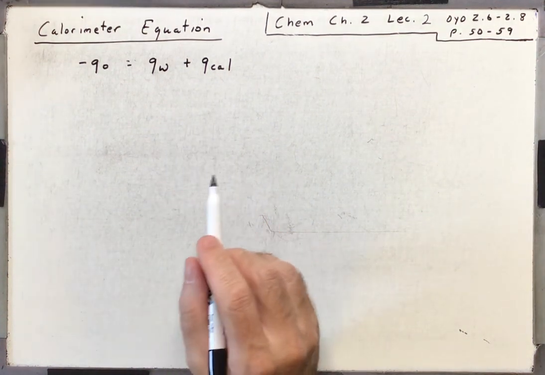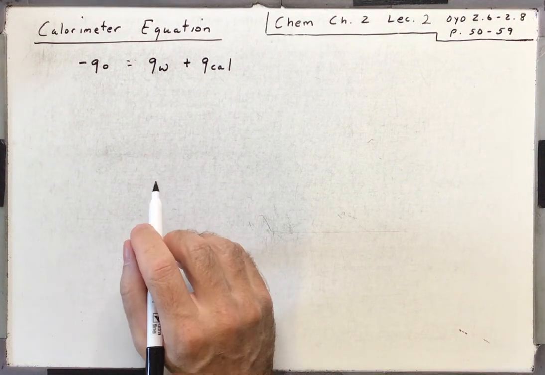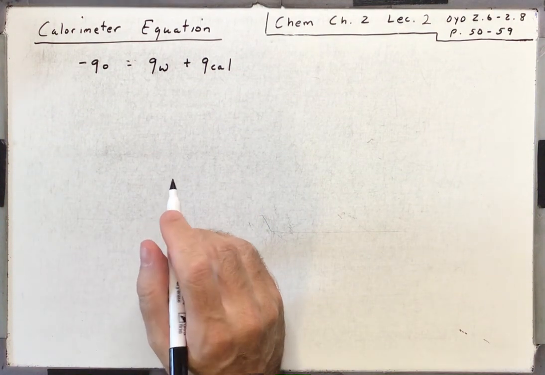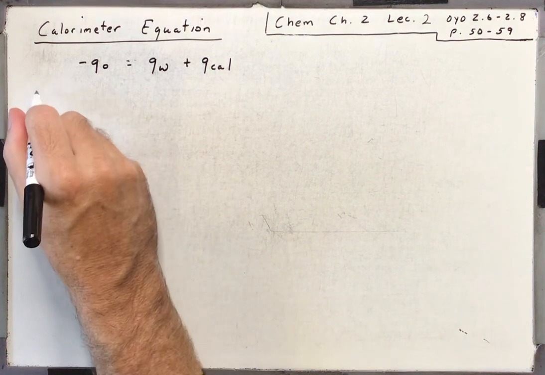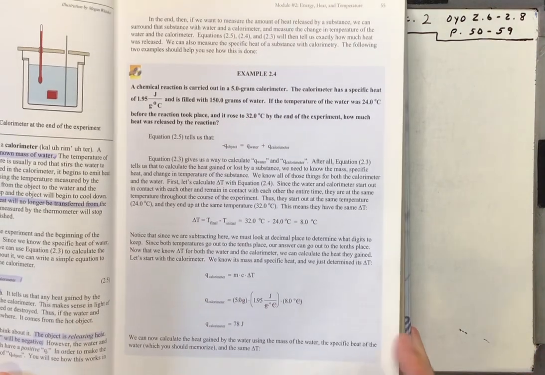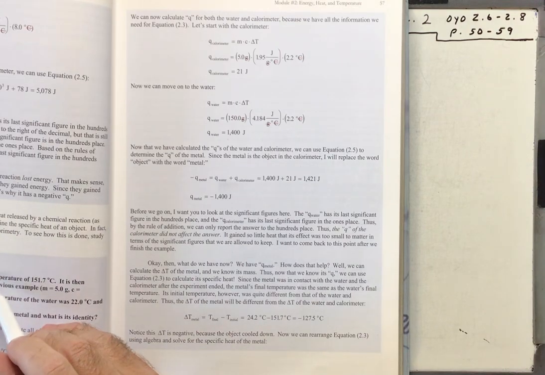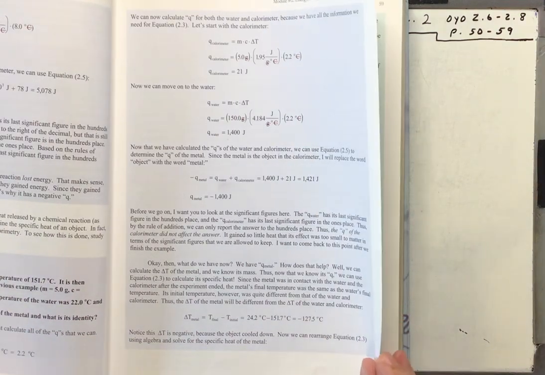So, let's work one of these. There are good examples in blue, so you should consider reading example 2.4 in your book on page 55 and example 2.5 on pages 56 and 57.